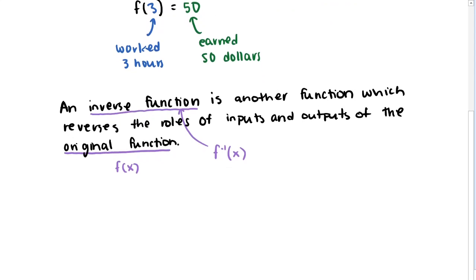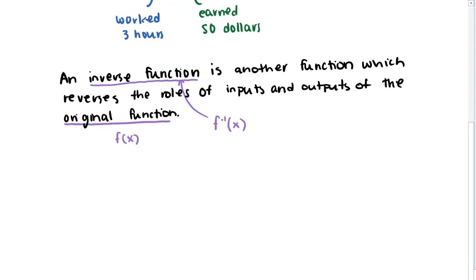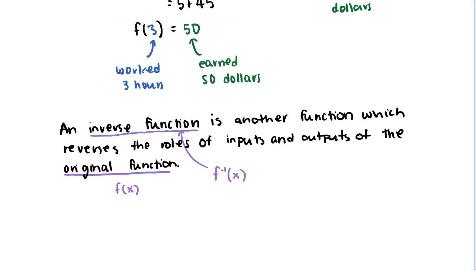And so what do I mean by this inverse function swaps the roles or reverses the roles of the inputs and outputs of our original function? Well, the idea is that if f takes an input of 3 to an output of 50, whatever this inverse function is, it's going to do the reverse of that.